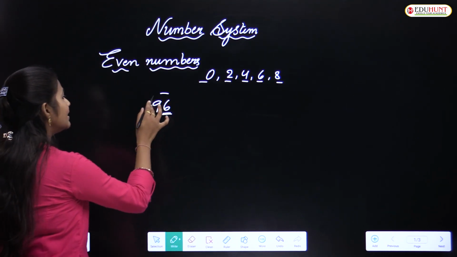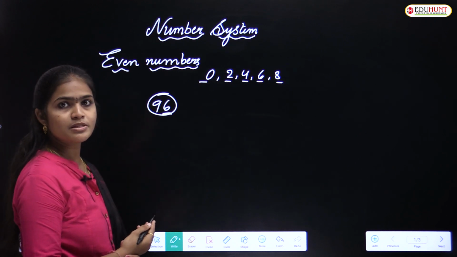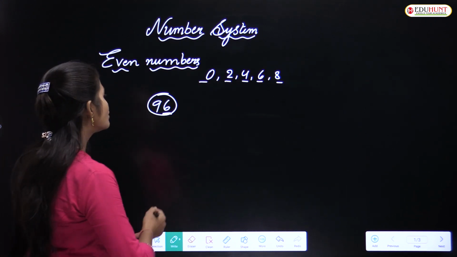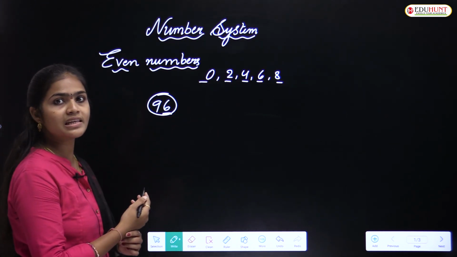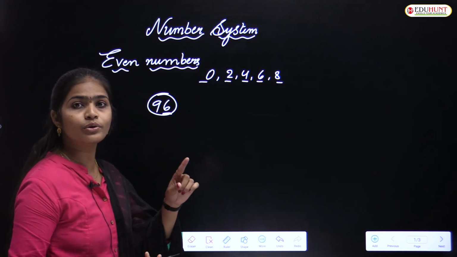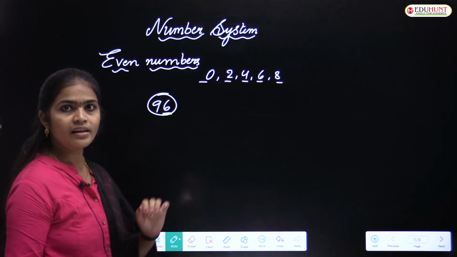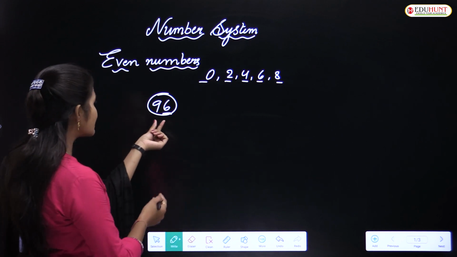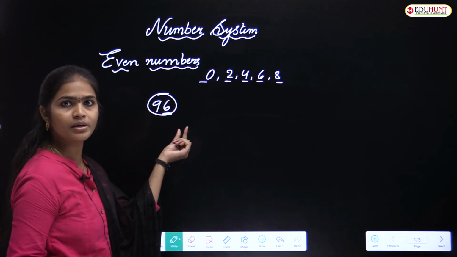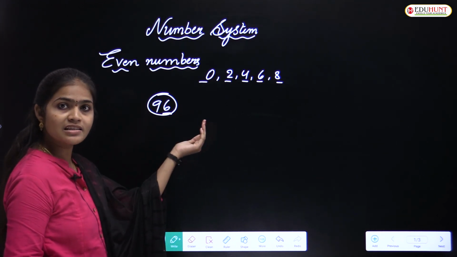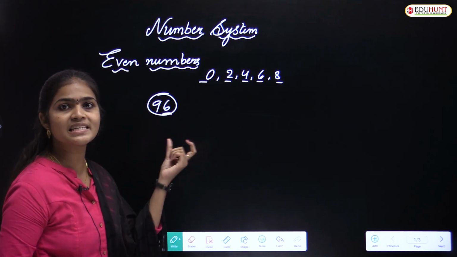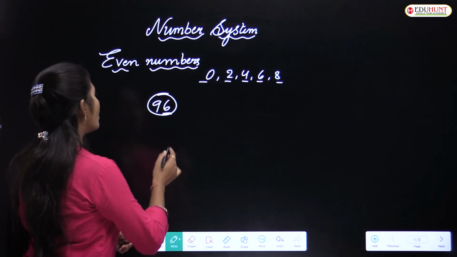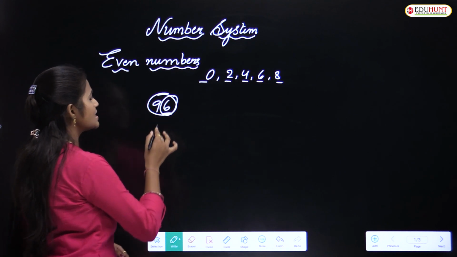Here I wrote 96. Observe that it is a 2 digit number, no? Here, last digit means you always have to check the units place digit.